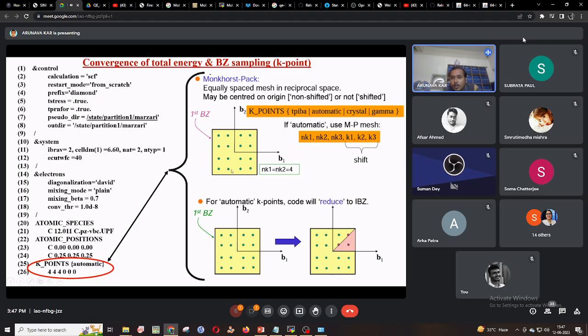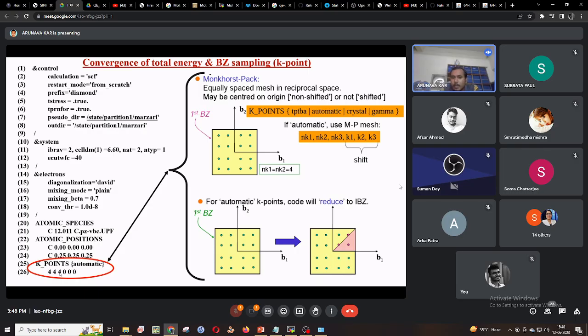So we need to consider different points in the K space to calculate any of the output quantities. Here we are considering 4 cross 4 cross 4, meaning we are taking 4 into 4 into 4 K points in the Brillouin zone.